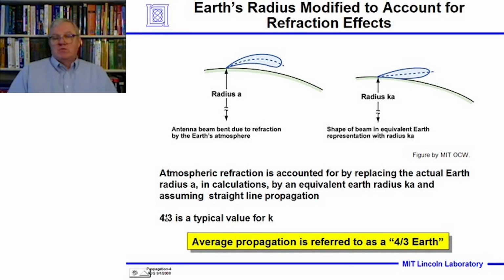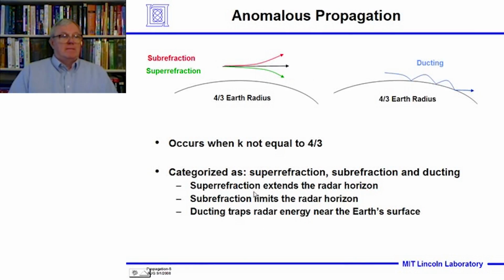Typical value for K for a normal atmosphere is 4/3, and we refer to that as 4/3 Earth propagation. With 4/3 Earth propagation, the normal atmosphere, we have the radar beam propagating in a straight line. If we have less of a decrease in refractivity than that typical 40 parts per million per kilometer, we call that subrefraction, and that limits the radar horizon.